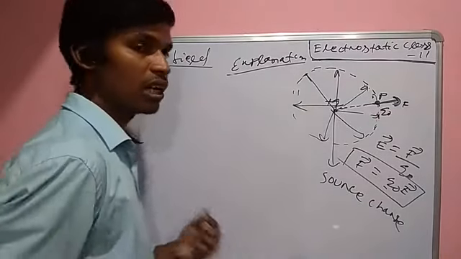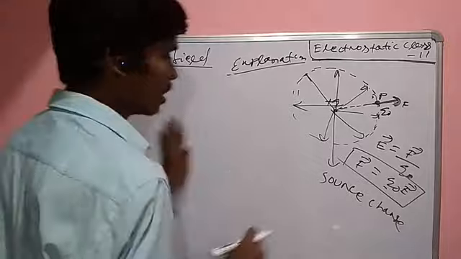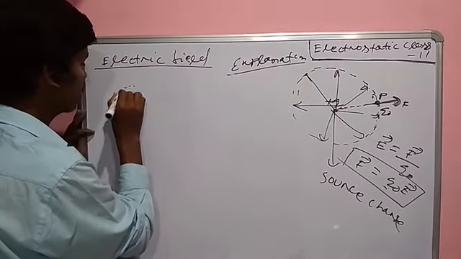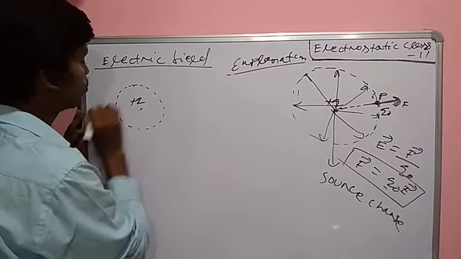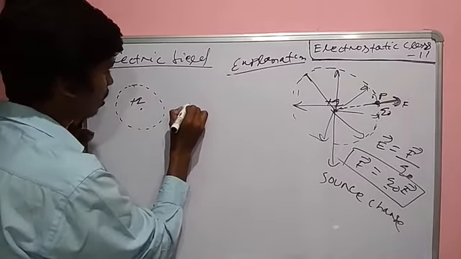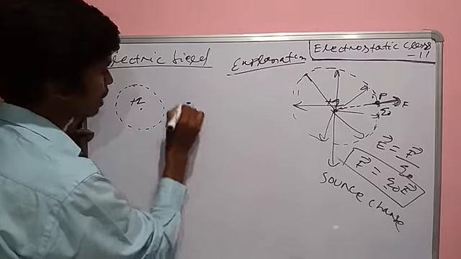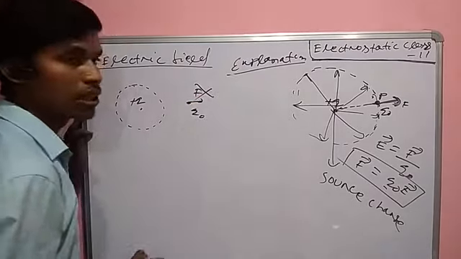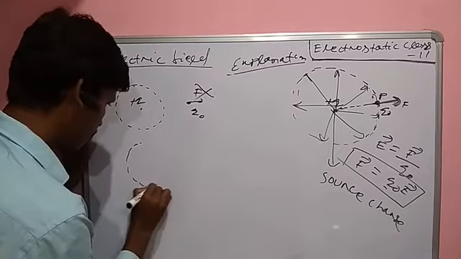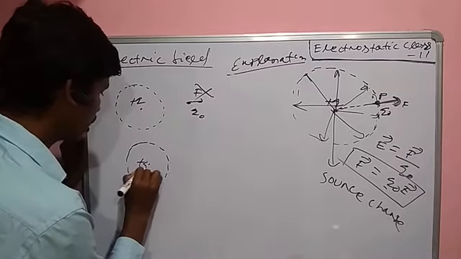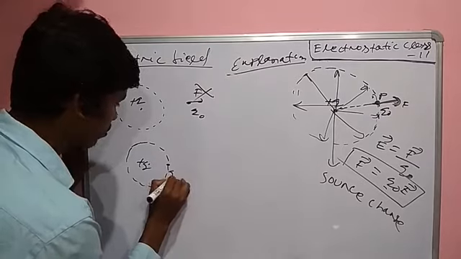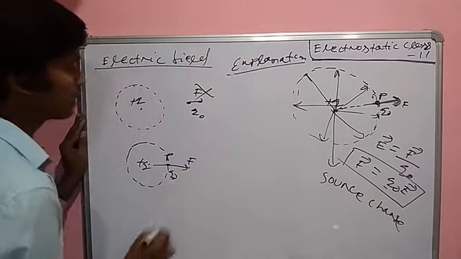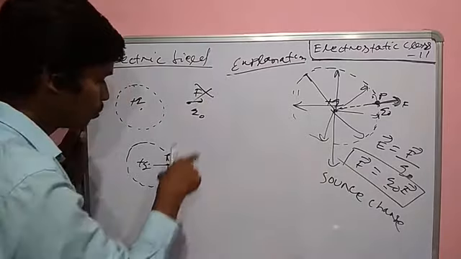So we can draw some figure here. A point charge is present. Suppose the field area is up to this point. Here a test charge Q0 is present. There is no force here, but where the Q0 charge is present, there is a force acting. There the force does not act, here the force acts.